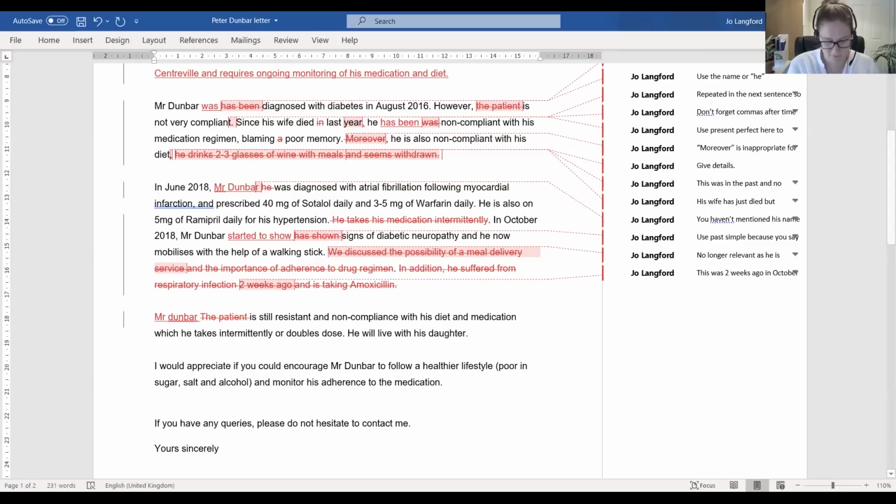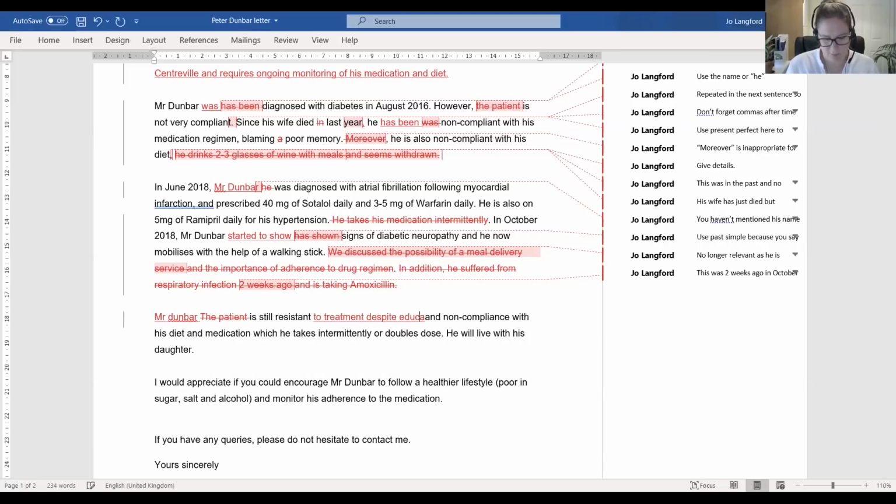Still resistant to treatment. And perhaps this is where we can put about the importance of adherence to the drug regimen being explained to him. So he is still resistant to treatment despite education on the importance of adherence.